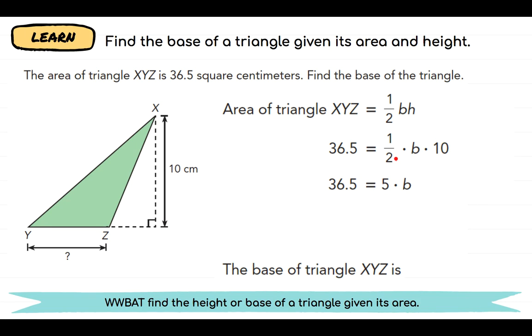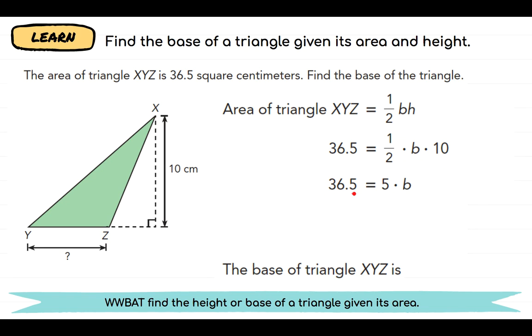Then because I know that 10 can be divided by 2, I divided 10 by 2 and that gives me 5. So now I have 36.5 equals 5b. I didn't divide 2 from both sides because right now we are still working to simplify just one side first.